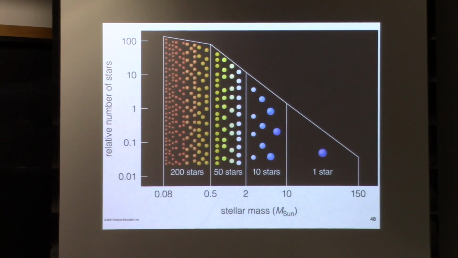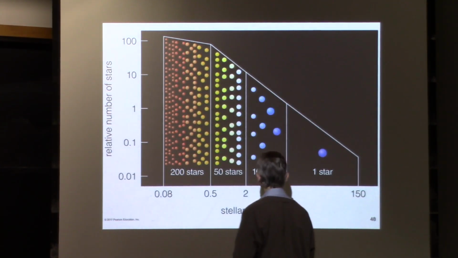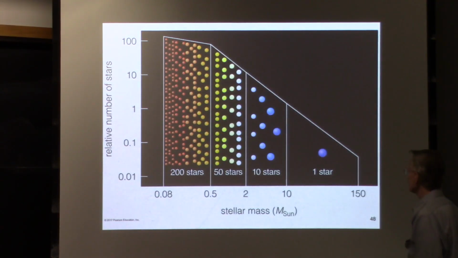So here's a very unevenly binned histogram, where if we go, okay, 261 stars, so to speak, if you add them up, relative number of stars here, of every 261 stars, roughly, this isn't exact. So 200 of them are with masses between 0.08 times the sun's mass and half the sun's mass.